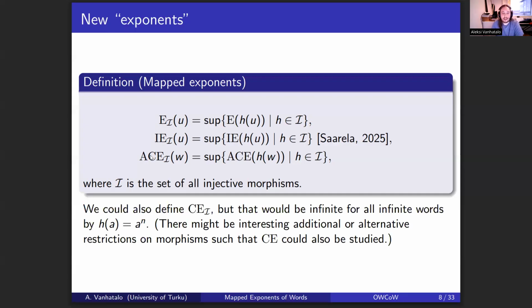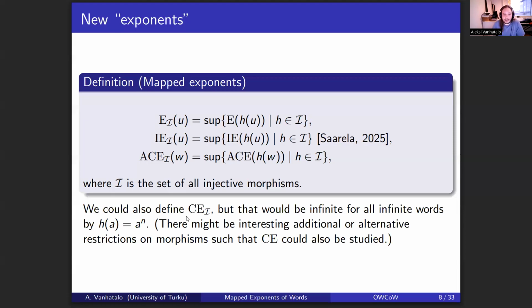We had 4 exponents previously. Now we have 3. We could also define the mapped critical exponent. But if we use the same form for this definition, it would always be infinite for all infinite words, by just mapping some letter to a large repetition of itself.